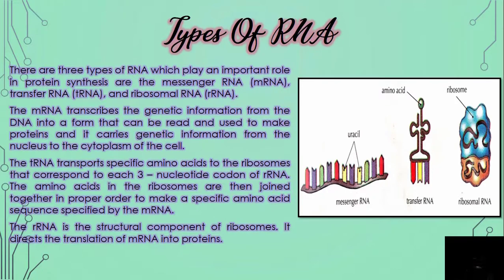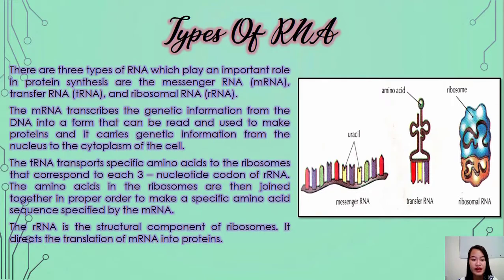Okay, how about the tRNA? Transports specific amino acids to the ribosomes. Tagapagdala naman ito. That correspond to each 3 nucleotide codon of mRNA. The amino acids in the ribosomes are then joined together in proper order to make a specific amino acid sequence specified by the mRNA.